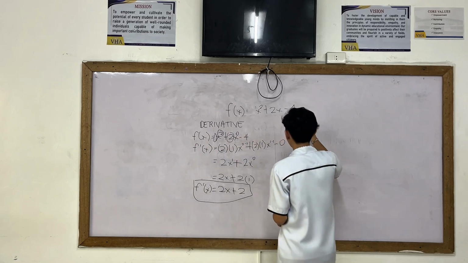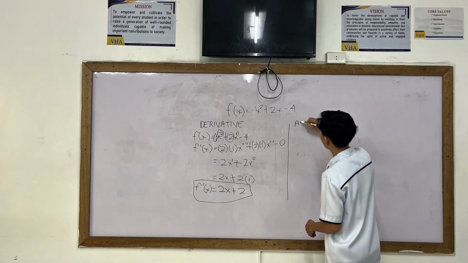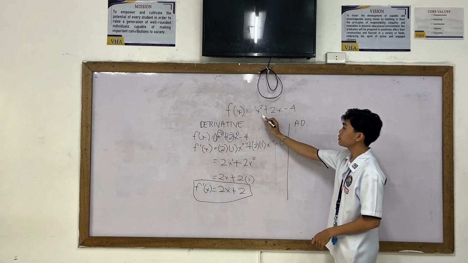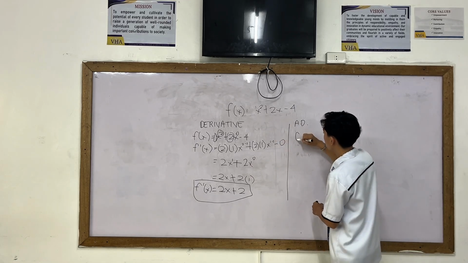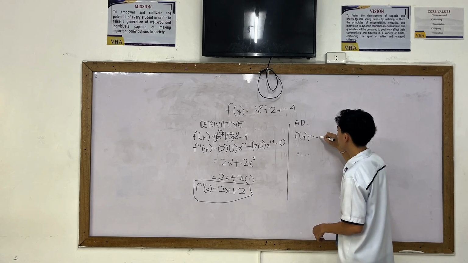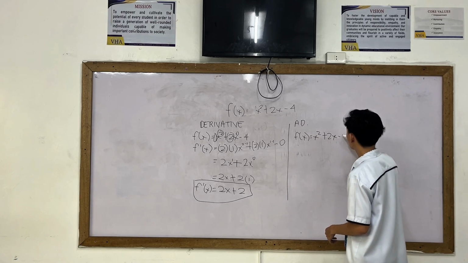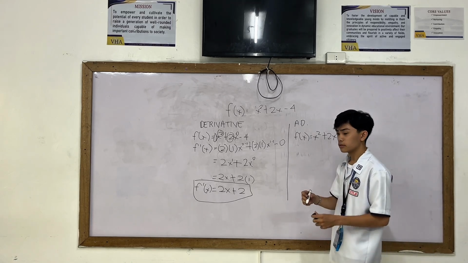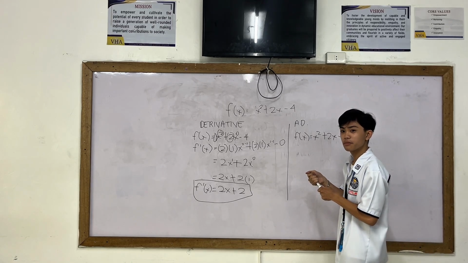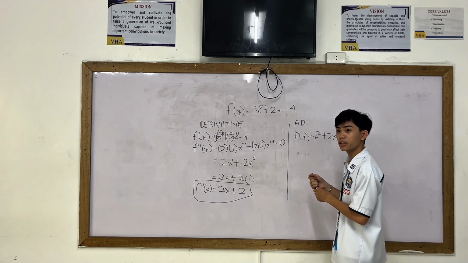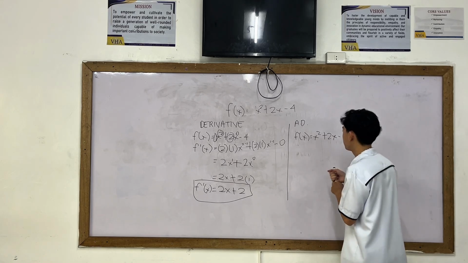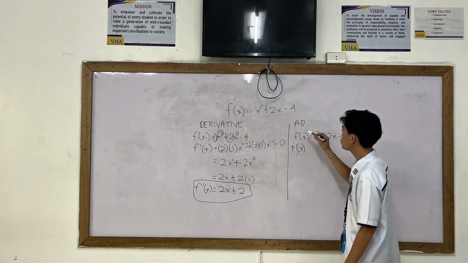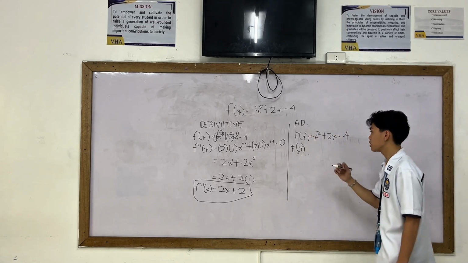While in the antiderivative, we have the same given function here. F of x is equal to x squared plus 2x minus 4. We use the capital F of x as the symbol of the antiderivative.